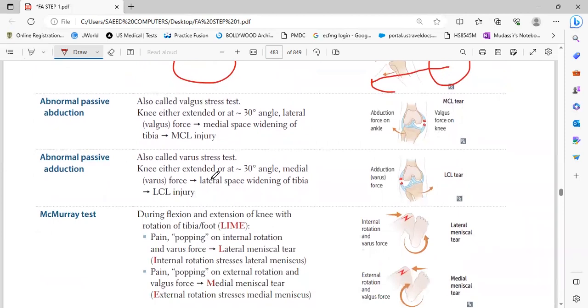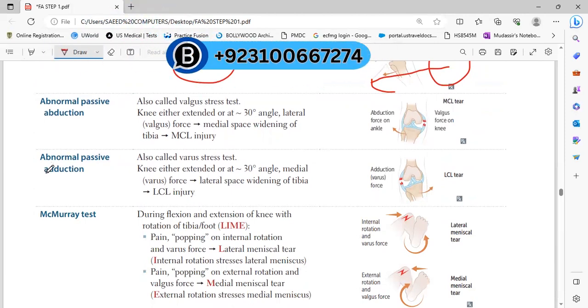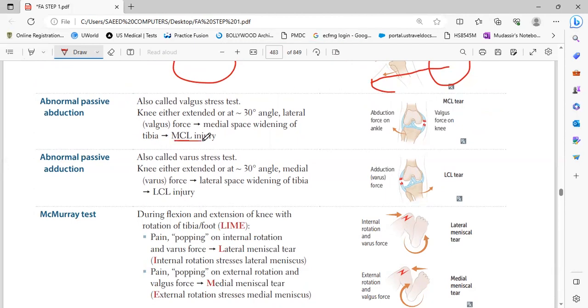Next is abnormal passive abduction and then abnormal passive adduction. So here you can see MCL injury, medial collateral ligament, and LCL injury, lateral collateral ligament.